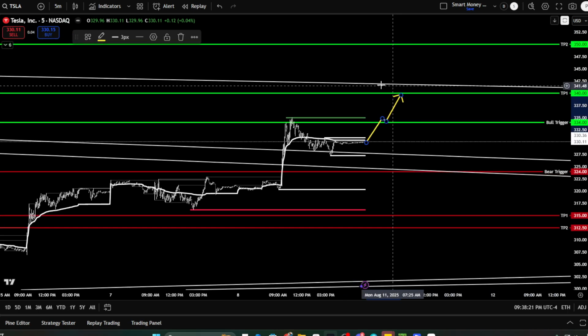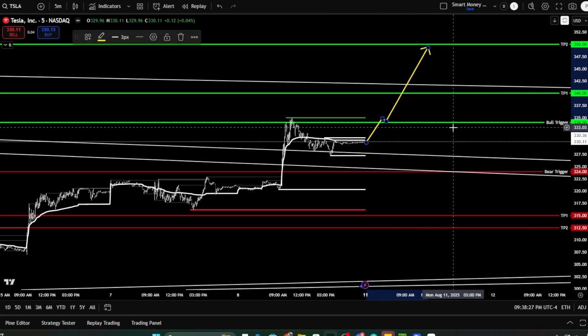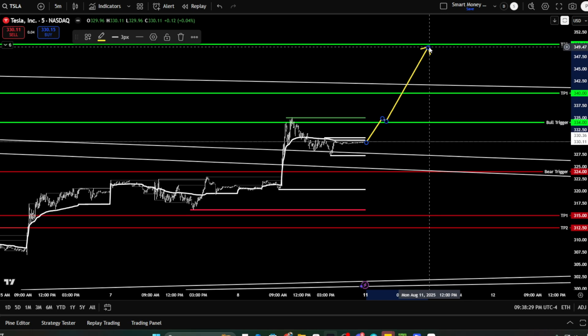You can see there is a trend line we drew on the 1-hour chart right above there, and then potentially a move higher to 350 for our second take profit. This is a weekly trade plan, so we're looking for these triggers, whether it's the bull trigger or bear trigger, to hit this week and at least run to one, if not both, take profits.